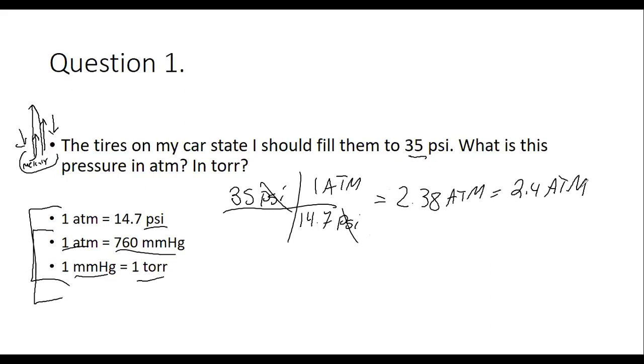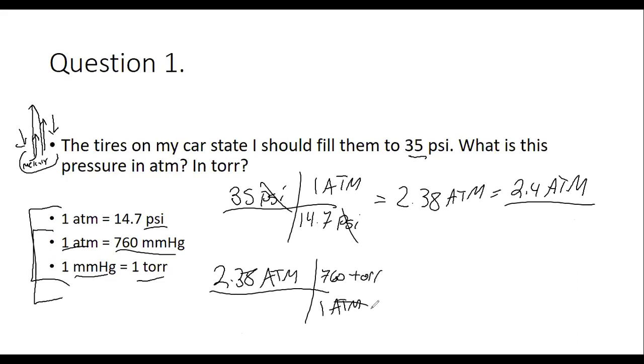Then to go into torr, I'm actually going to start with 2.38 again. Even though I rounded my answer here, when you do math, you don't want to preemptively round. You only want to round when you get to your answer. Otherwise, you're going to get what's called a rounding error. So we start with 2.38 atmospheres, 1 atmosphere is 760 torr. Atmospheres cancel out.